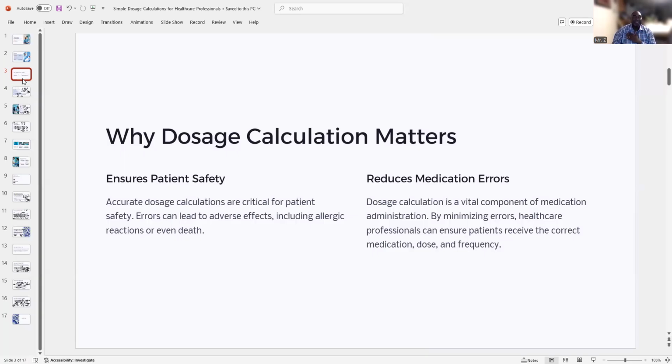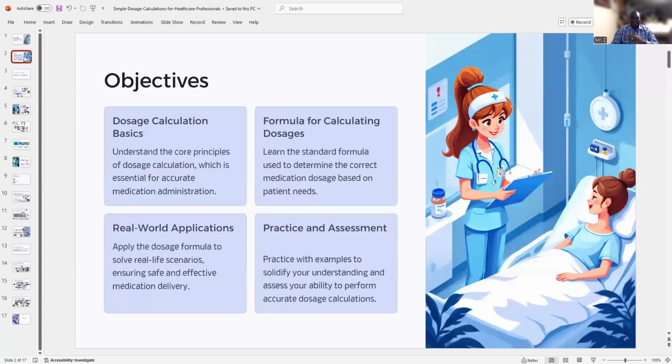That's why today, our goal was for you to learn the dosage calculation, understand how to manipulate and solve those medications based on simple body weight. Please invite your friend, they are struggling. You know your friend who's been in nursing school for years and cannot pass med surg or pharmacology, invite them.